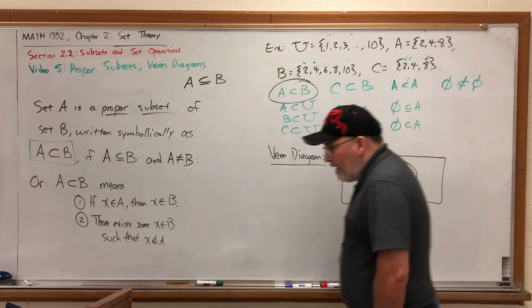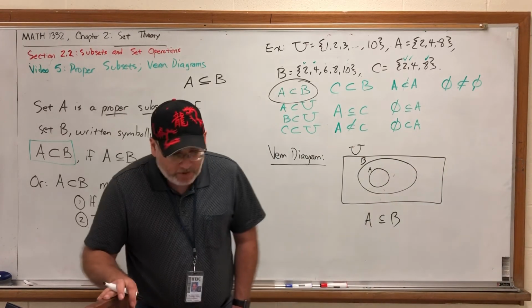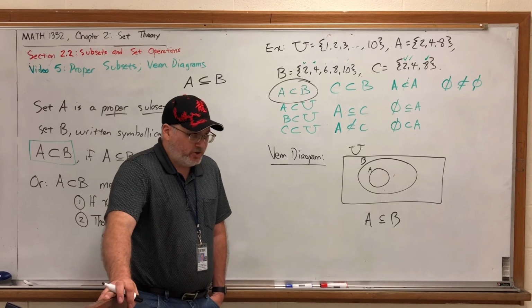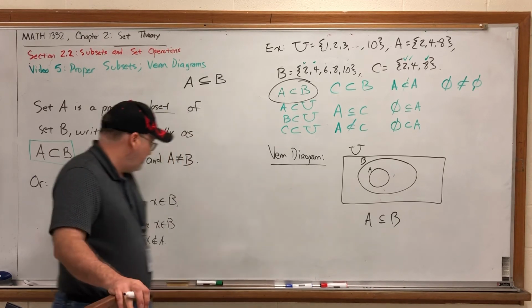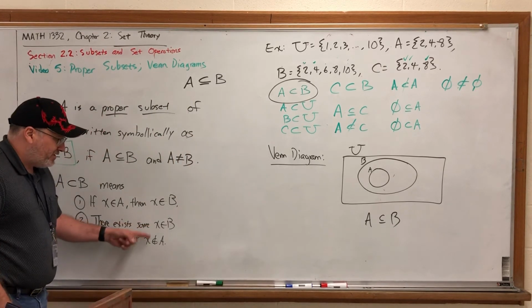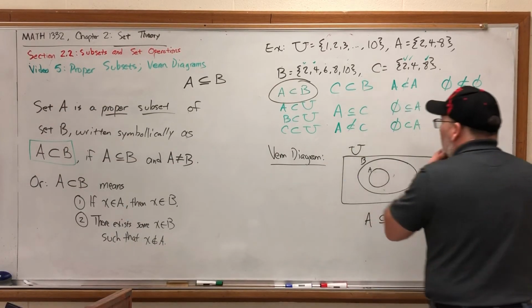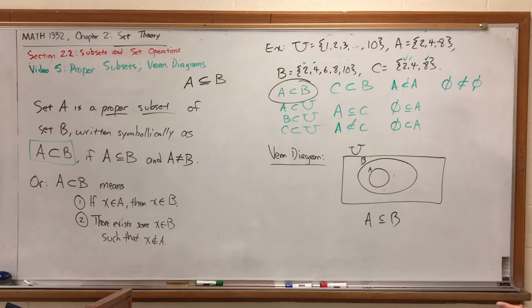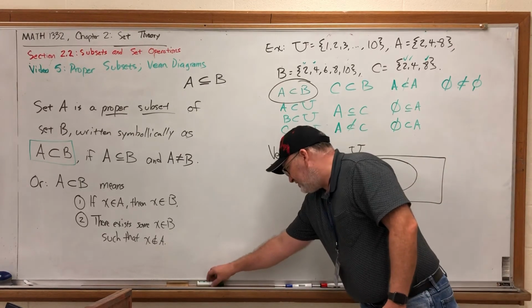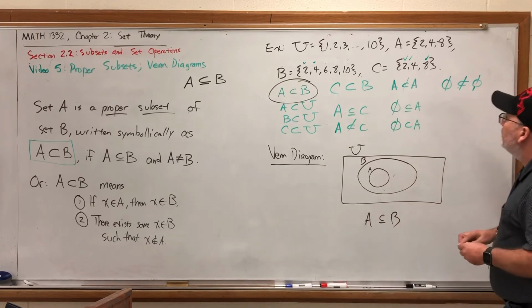But does it show proper subset? Well, in order to be a proper subset, there has to be an element in the larger set that does not belong to the smaller set. So if we wanted to show that A was a proper subset of B by listing its elements in the Venn diagram, let's list all the elements in the Venn diagram.